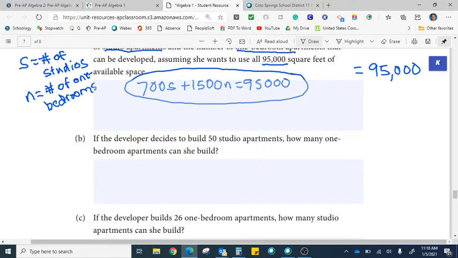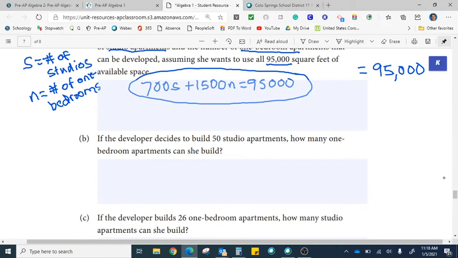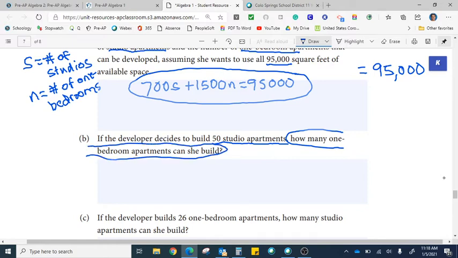So for B, it says if the developer decides to build 50 studio apartments, all right, so 50 studio apartments, how many one bedrooms? So we're going to go ahead and solve for N, because we're looking for one bedroom apartments.